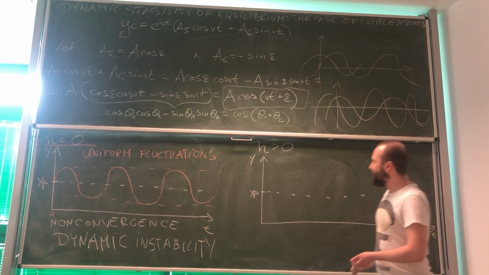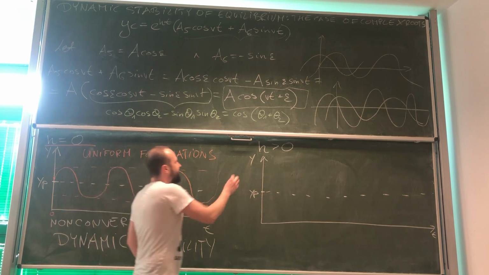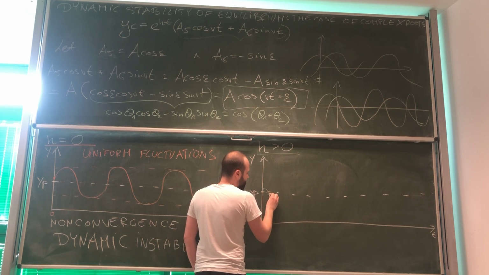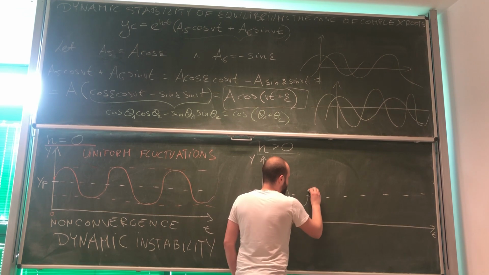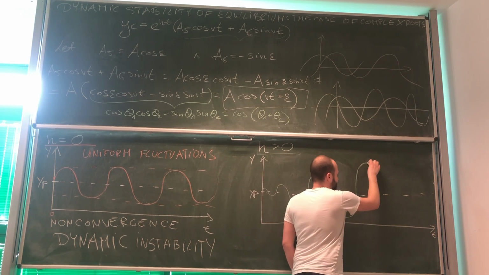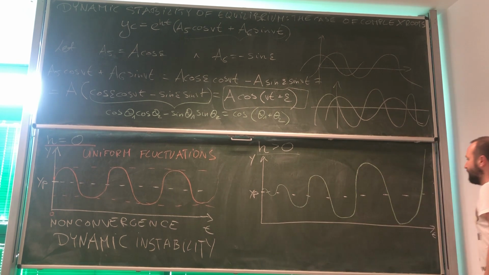And let's see what will happen. Let's just say we start here. The fluctuations will be very, very small, but as time progresses, they're going to be getting bigger and bigger and bigger.